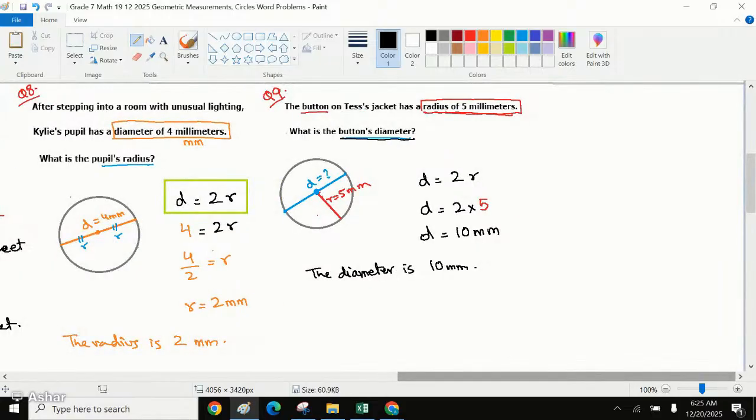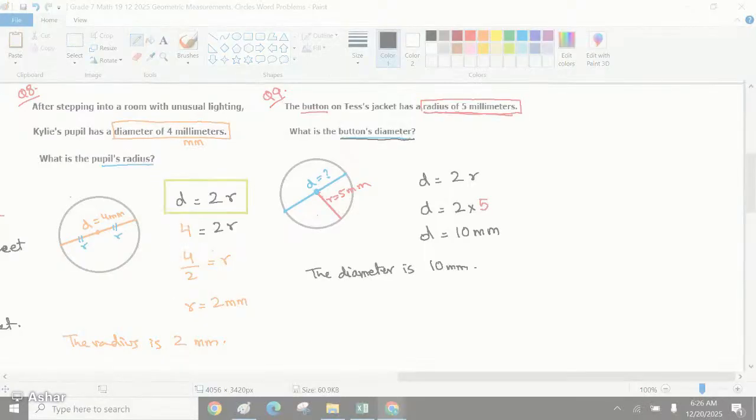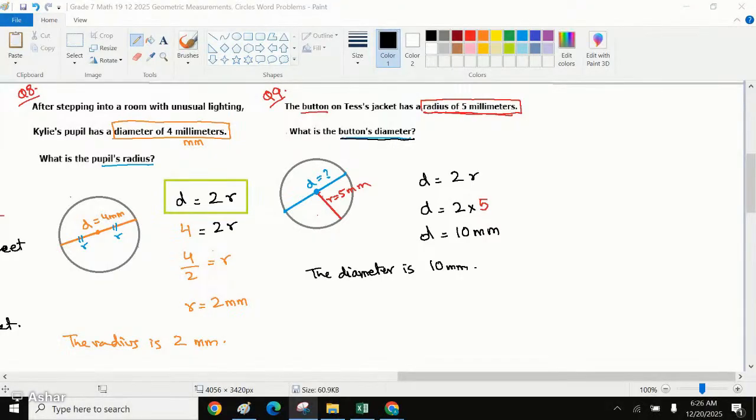Let's try the next question. Do we have any questions yet? Okay, that's fine. Let's continue. The next question says, I'll just copy the question and try to put it in the minimum space so that we can solve it.